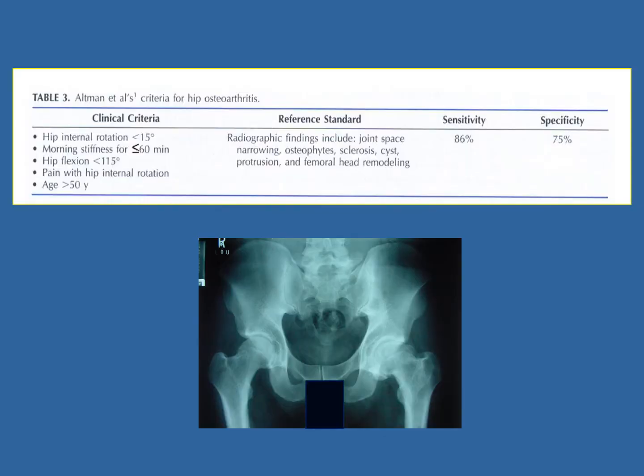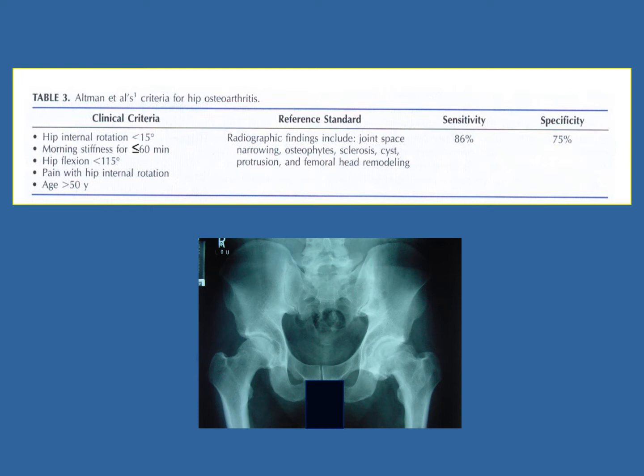On the last slide, we described the ACR criteria for the clinical diagnosis of hip osteoarthritis. On this slide, this is another series of criteria that you may see reported in the literature as well. These are Altman's criteria for hip osteoarthritis.